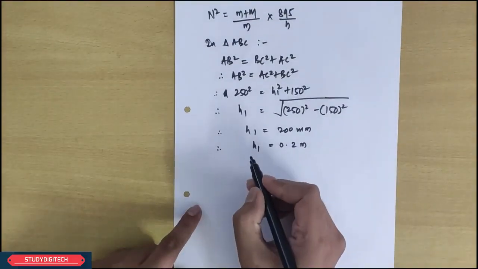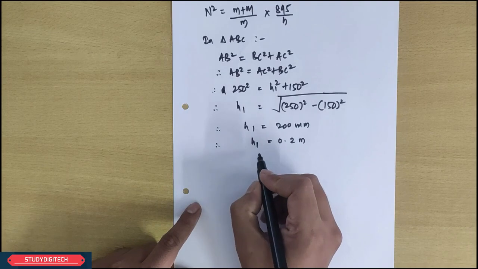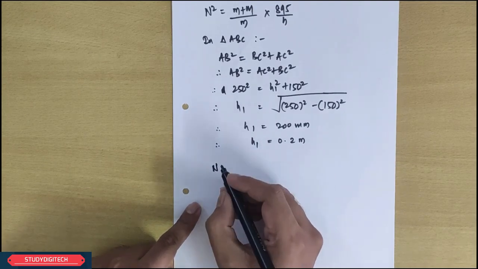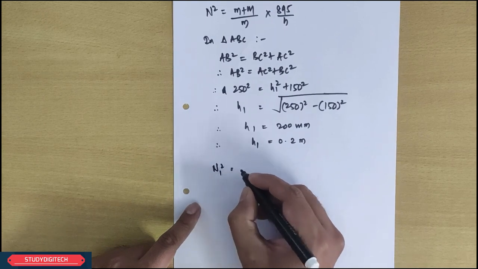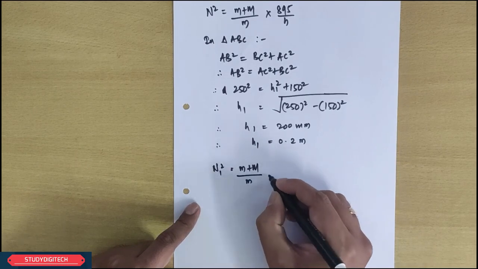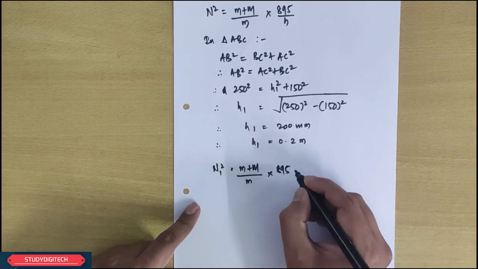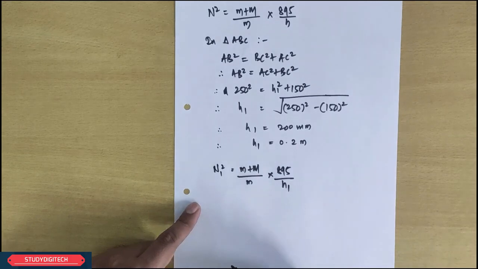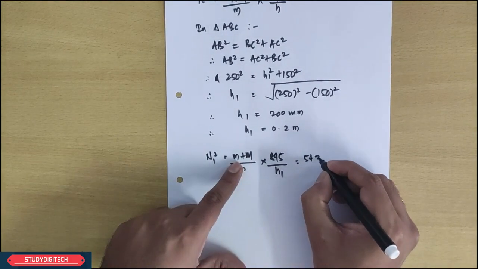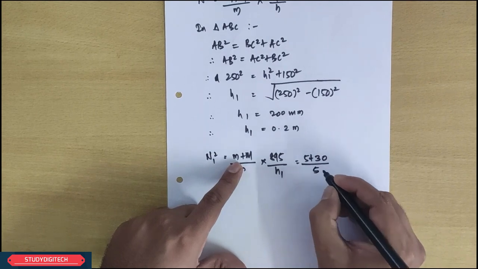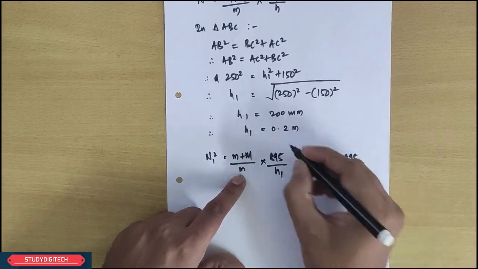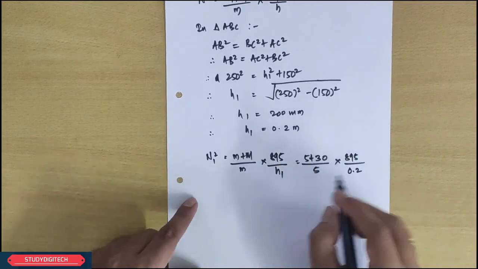Now substituting the height of governor h1 in equation number 1, we have n1 square equal to (m plus M) divided by m into 895 divided by h1, which is equal to (5 plus 30) divided by 5 into 895 divided by 0.2.